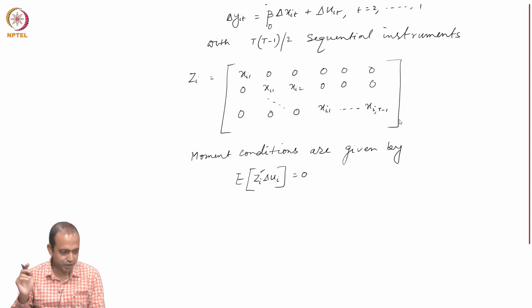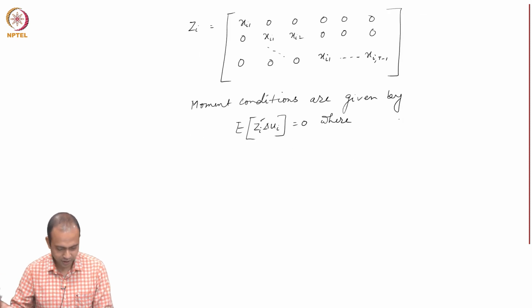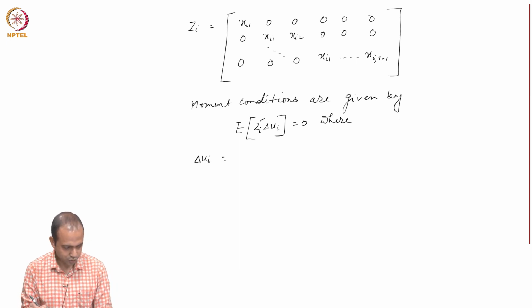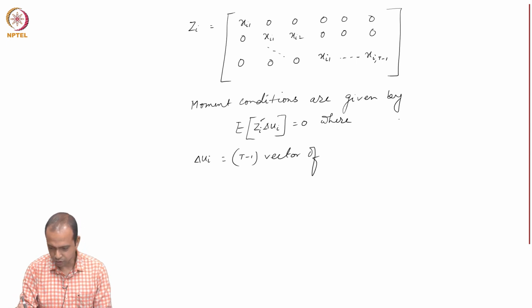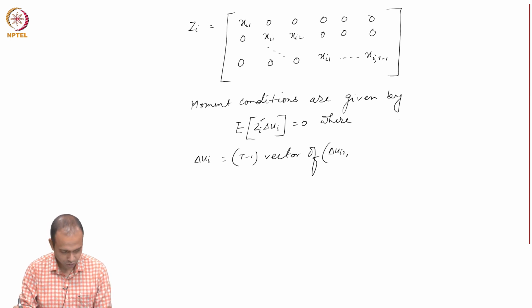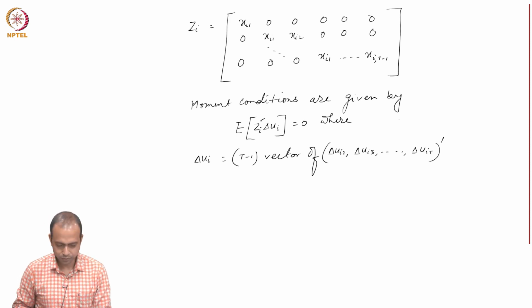That was the moment condition, where delta u_i equals a t minus 1 vector of delta u_i2, delta u_i3, up to delta u_iT, and its transpose.